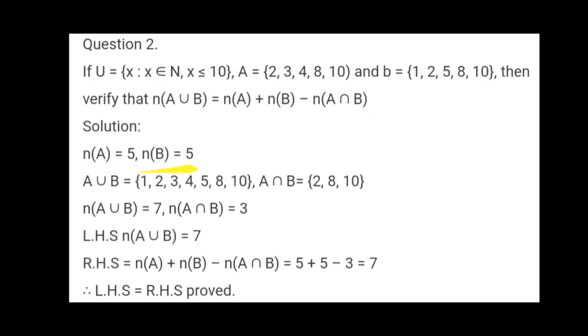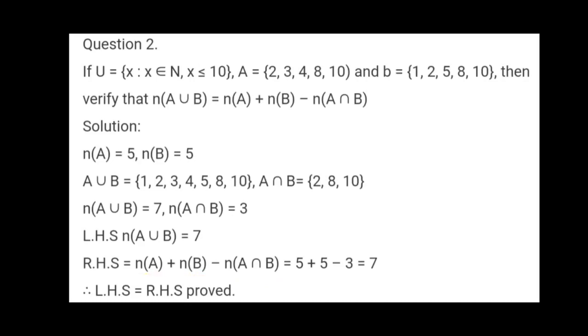And we have all these values. n(A) equal to 5 and n(B) equal to 5, A union B equal to {1, 2, 3, 4, 5, 8, 10}, and A intersection B means the common elements of A and B. So the left hand side value n(A union B) equal to 7 because in the set A union B we have 7 elements, and the right hand side n(A) plus n(B) minus n(A intersection B).